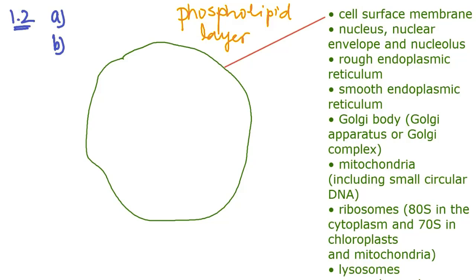So we have seen the cell surface membrane; next to that is the nucleus, which is surrounded by the nuclear envelope. We can see that this cell has a nucleus in the center, and this nucleus also has an outer covering, which should be called the nuclear envelope.